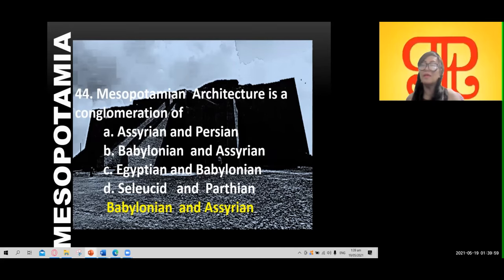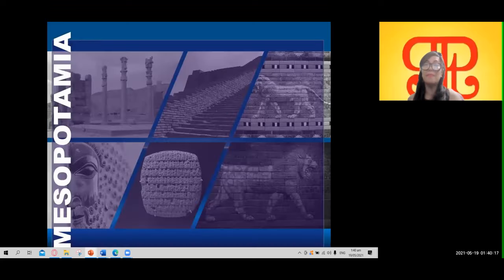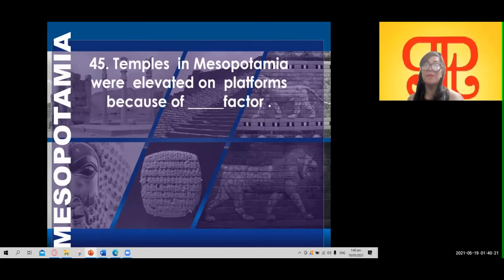For we know that Mesopotamian architecture is from Persia, which is now Iran, and Babylon, which is now near Baghdad, the capital of Iraq. So it's Babylonian and Assyrian architecture. Next, number 45.